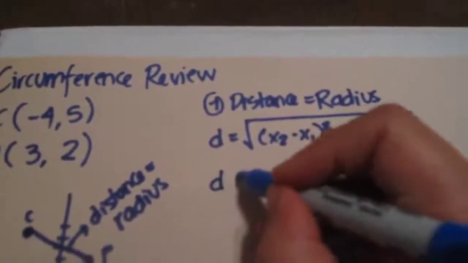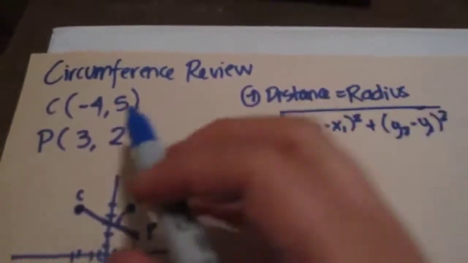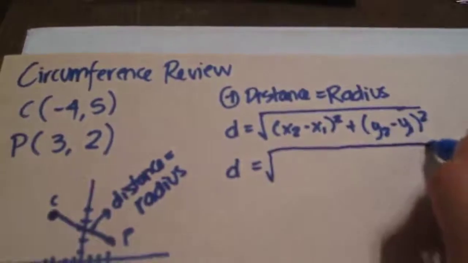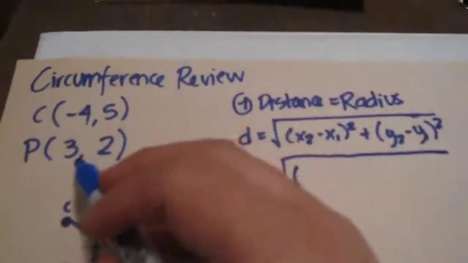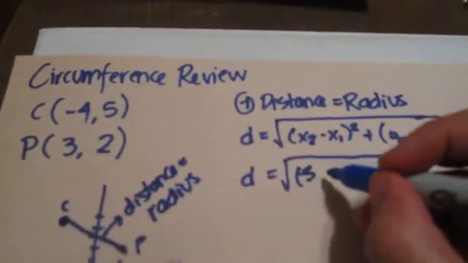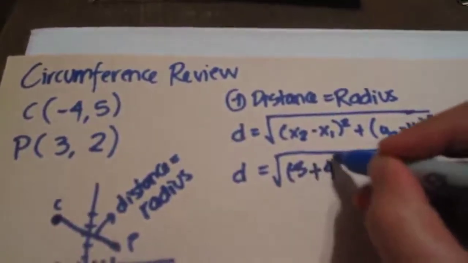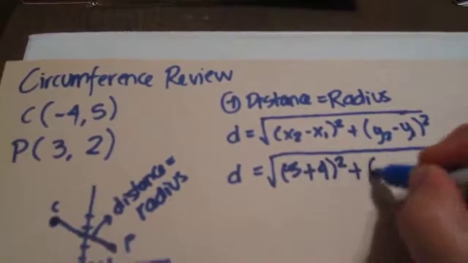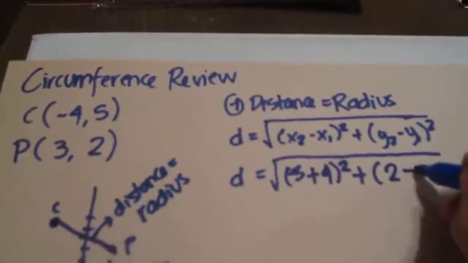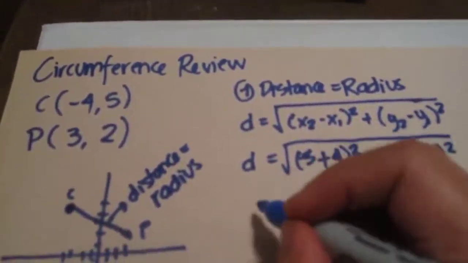Then, what do we need to do? We need to replace the values given, so it is the radical of (3 minus -4), which is plus 4, squared, plus (2 minus 5) squared.